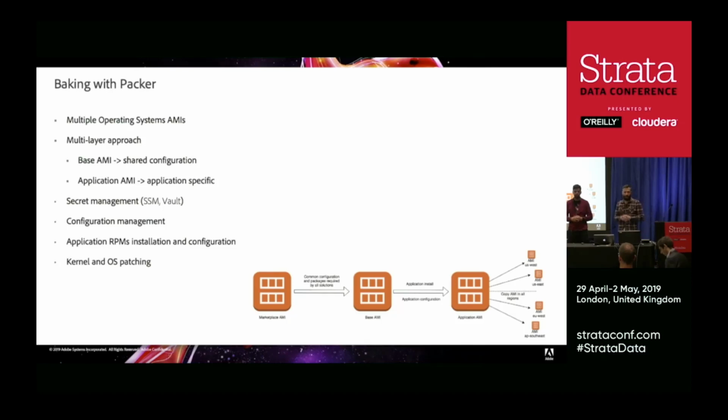This can contain things like, I don't know, the SSH config for instances, or the node exporter for Prometheus, or the metrics client, and so on. And we bake this base AMI, we save it in AWS, and we use this as a base image on top of which we bake the application AMI, which is application-specific configurations.